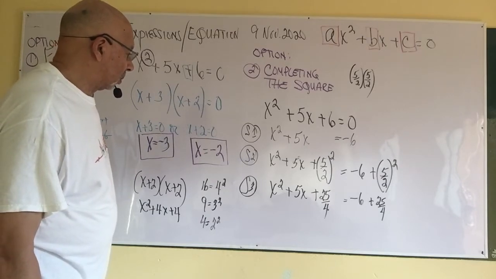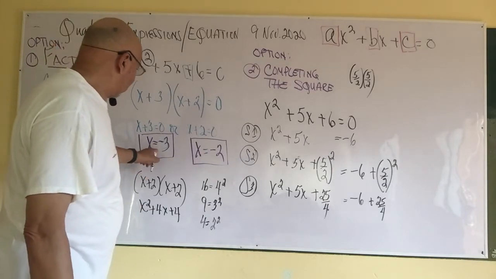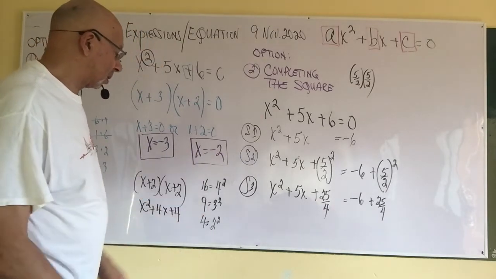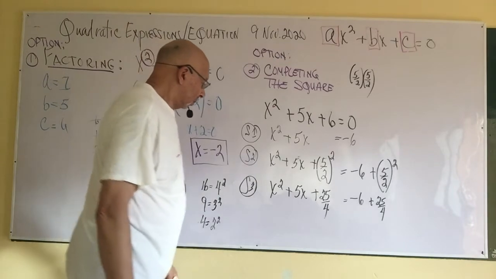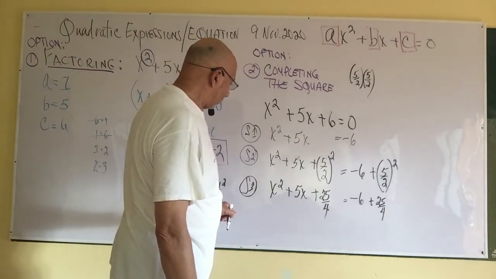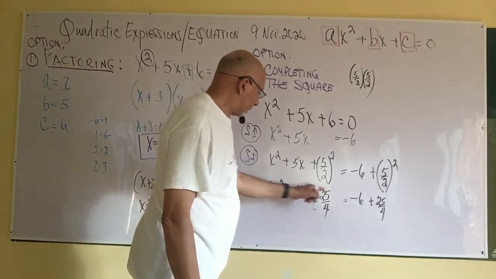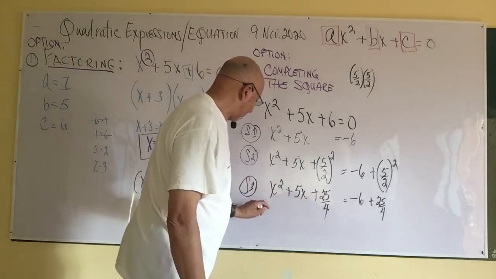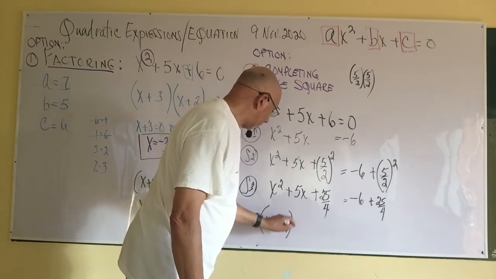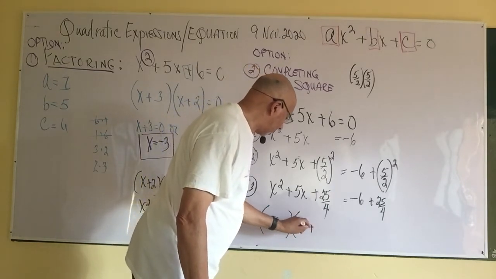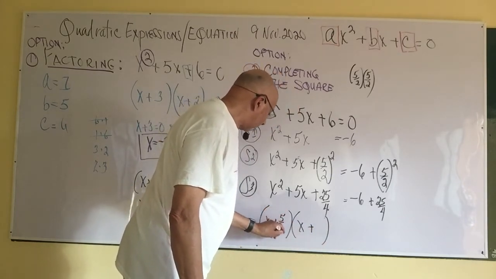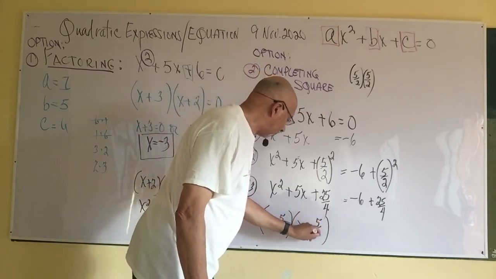So what we will do now, we're trying to see if we can come up with these responses once we complete the square. Now I could factor this, because now it's a perfect square. So I get x plus something, x plus something. So x plus 5 over 2, x plus 5 over 2.